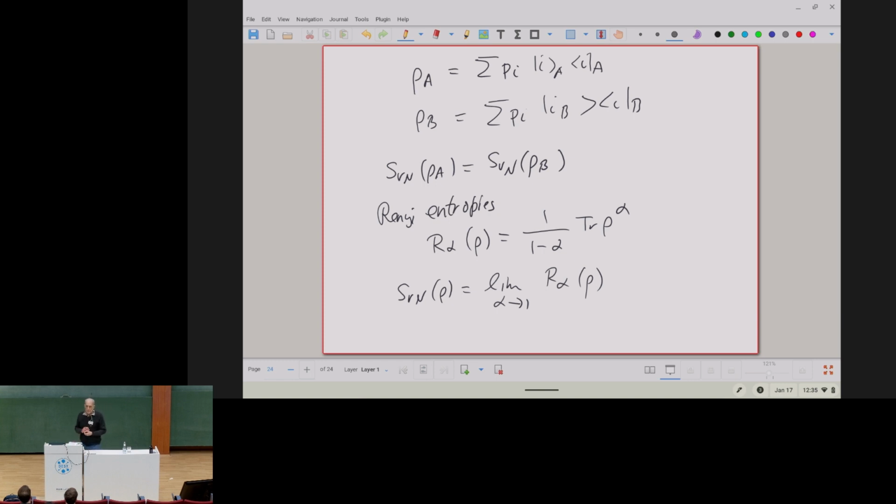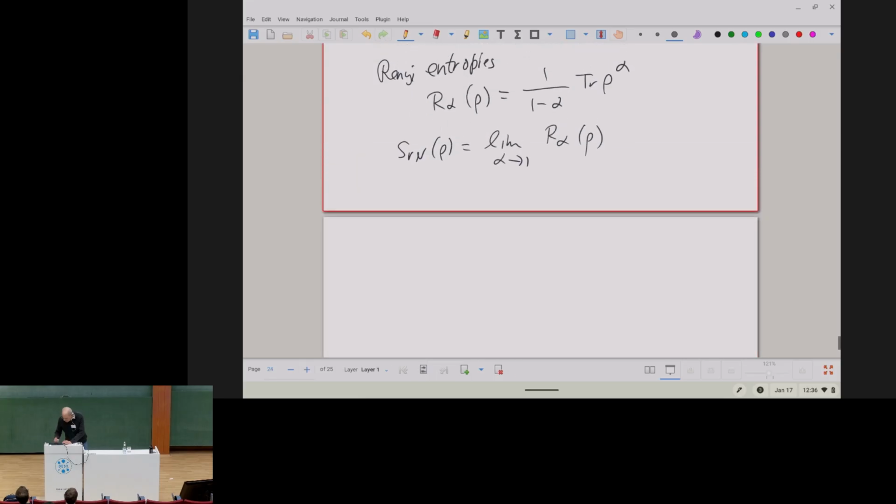So often one understands the von Neumann entropy by first studying the Rényi entropy and then trying to take the limit as alpha goes to 1. And since rho A and rho B have the same eigenvalues, it follows that they have the same Rényi entropies.